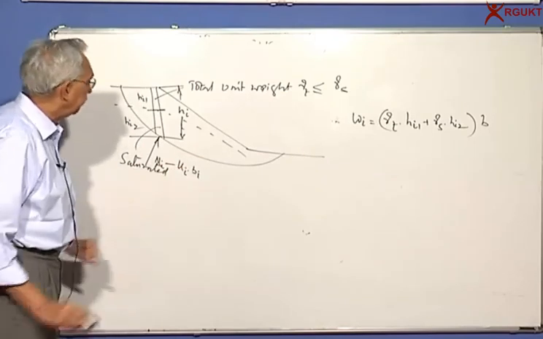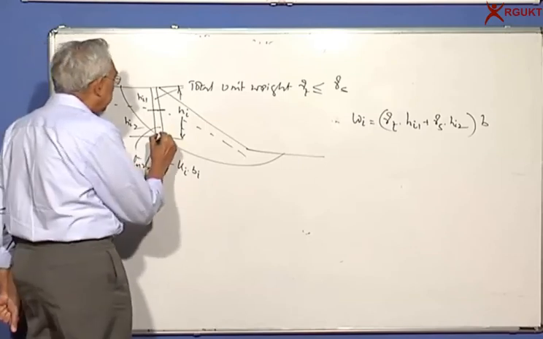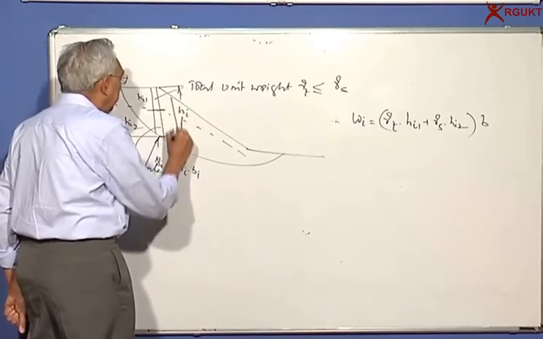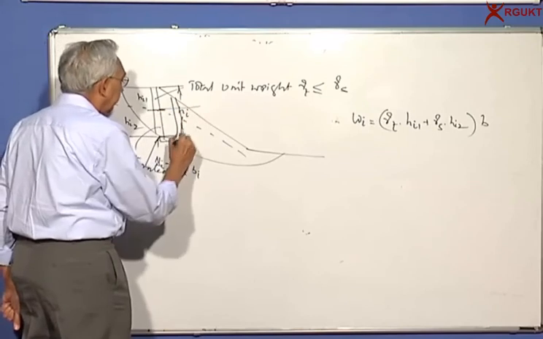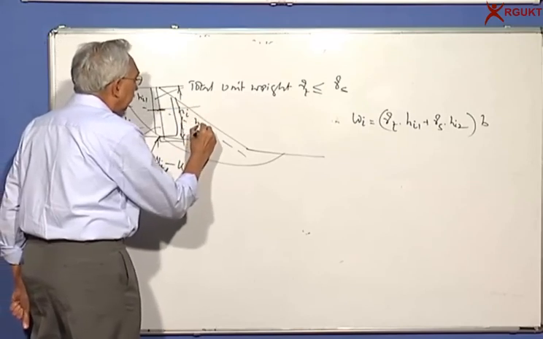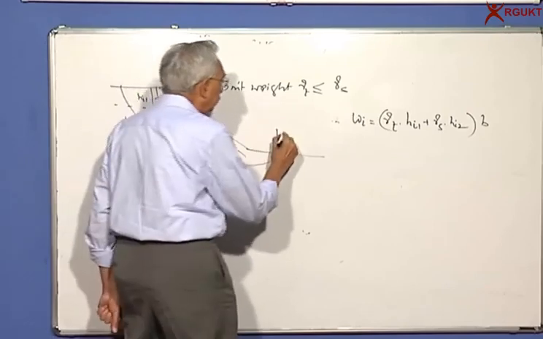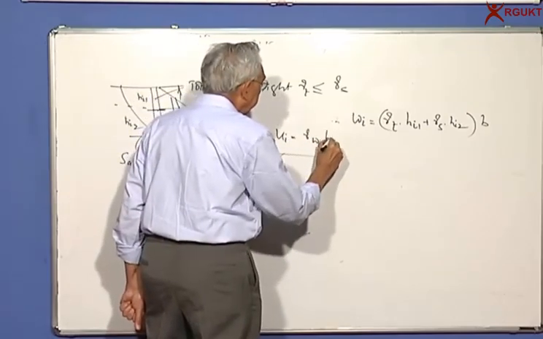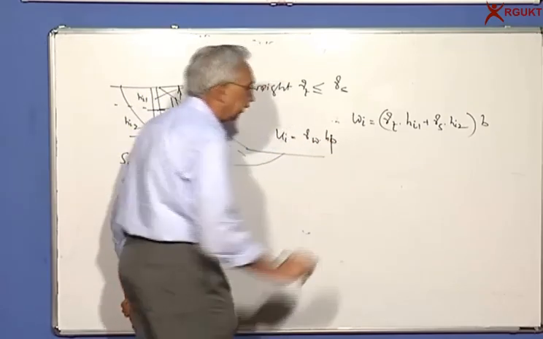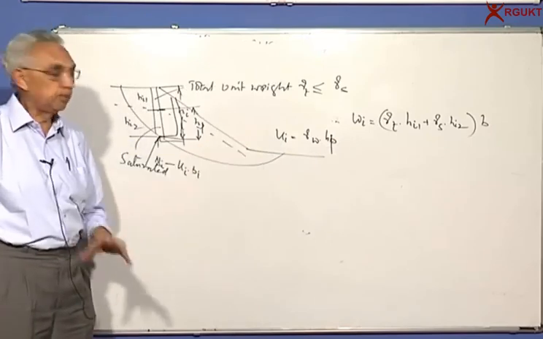So how do I get Ui? If I put a piezometer here, I should find out this height, H, for the pore pressure, and so Ui is equal to gamma w into H, the pore pressure, wherever it is. So you have to account for the pore pressure.